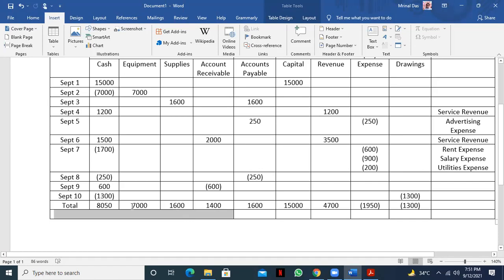This is 18,050, right? 18,050. And this is 1,600.